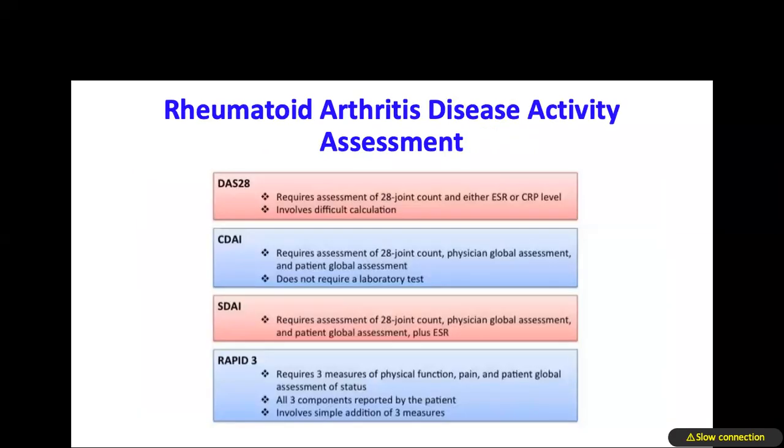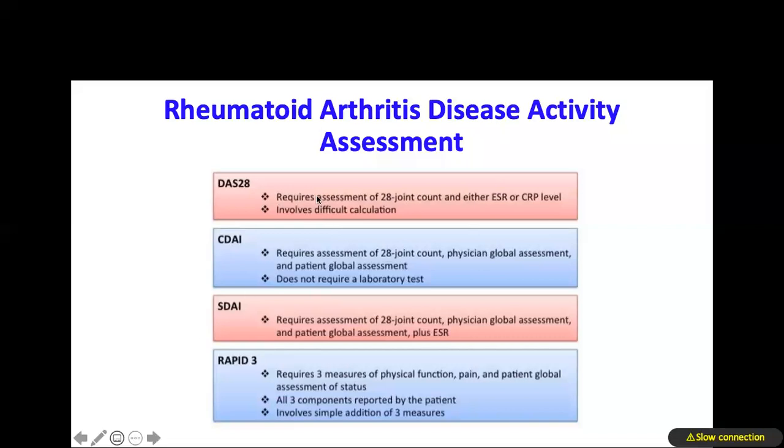So when it comes to rheumatoid arthritis, because we don't have one test to diagnose it or to assess how bad it is, there are multiple disease activity assessment criteria. You don't need to know how to do these individually, but you can read up maybe one of these criteria that suits you, and you can use it.